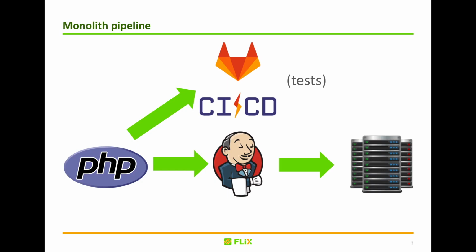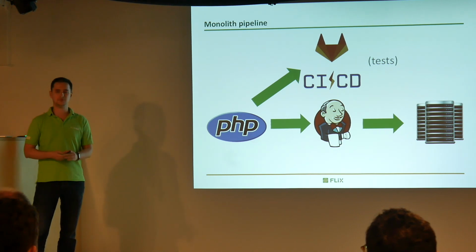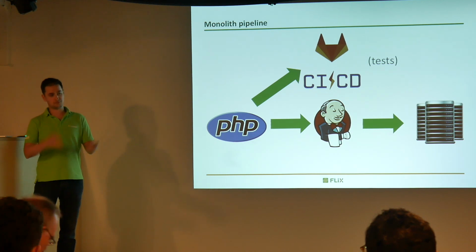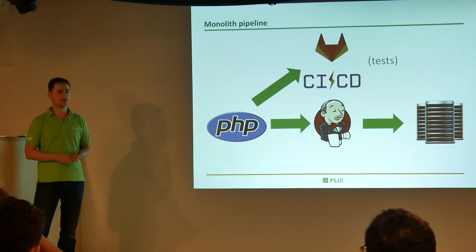It's PHP applications in GitLab. So we use GitLab CI for running tests because it's nice to run tests closer to the place where the code is. And we have one-click deployments with Jenkins that bundles all the applications and deploys them to our data center.